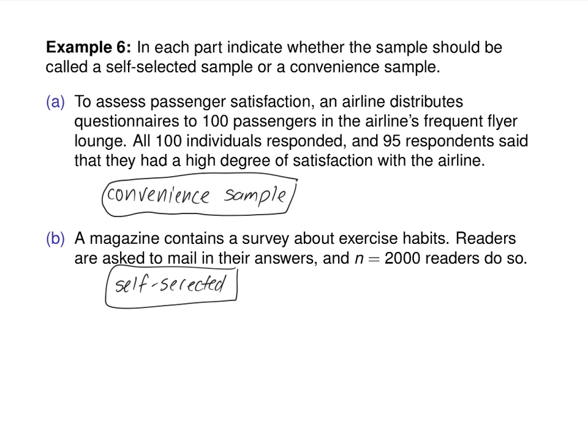Another example is in malls, where they have little kiosks and ask you to come up. That can be convenience and self-selected at the same time. If you're at the mall, they ask you to do it, so you're convenient, but you also self-select to actually do it. So you definitely could be both.